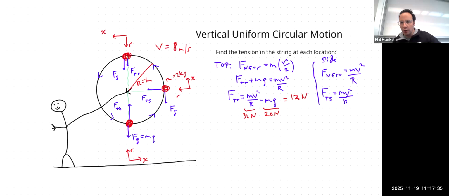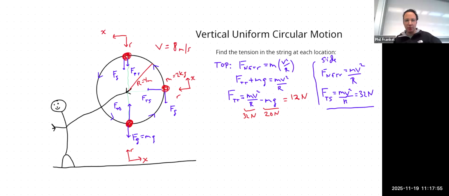And notice this is larger than the tension force at the top of the circle. So at the side of the circle, the tension force is by itself responsible for providing the full centripetal pull. And that pull is 32 newtons.